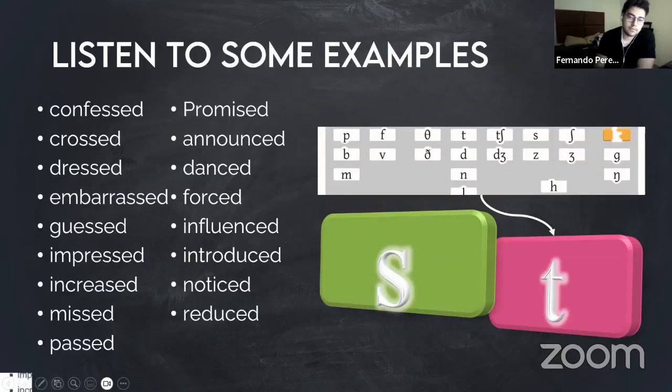Confessed, crossed, dressed, embarrassed, guessed, impressed, increased, missed, passed, promised, announced, danced, forced, influenced, introduced, noticed, reduced.